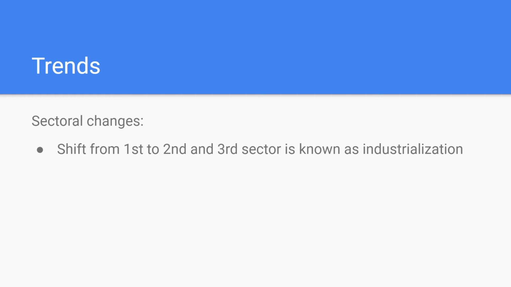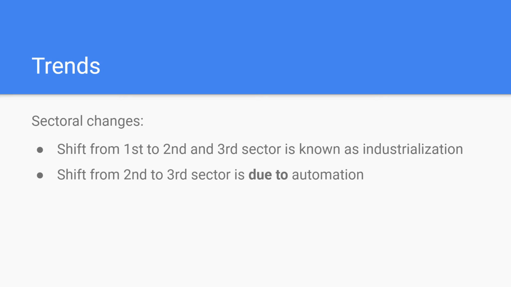And when they refer to that and you show that you know exactly what it is, they will probably give you a better mark. Another thing to know is that the more automation there is in the world, you can definitely see a big shift from the second to the third and actually also fourth sector. And that's also a good thing to know.